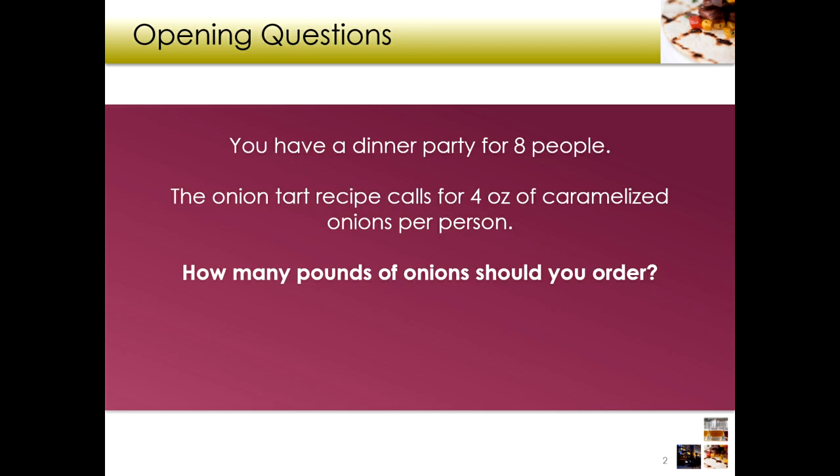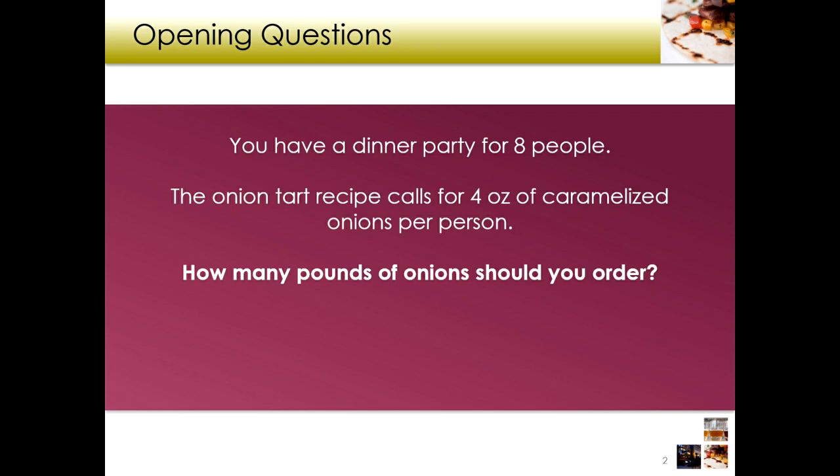In order to cook those down into caramelized onions, we're not going to be left with 2 pounds, right? 2 pounds is the end result we need of caramelized onions. If we were to cook down 2 pounds, we're probably going to be left with maybe 4 ounces.